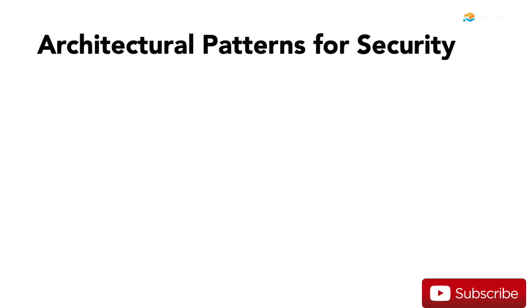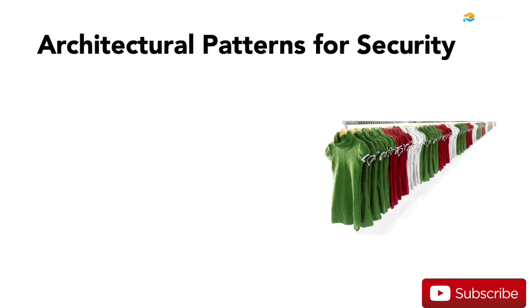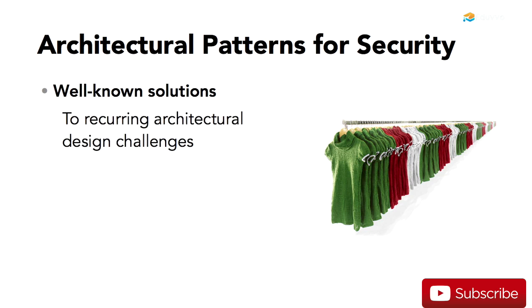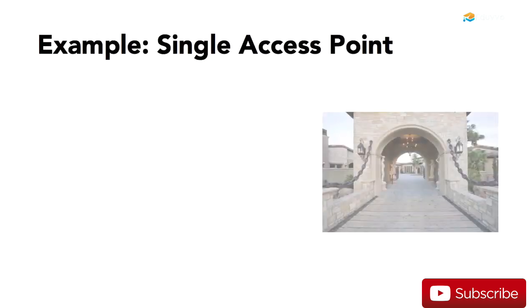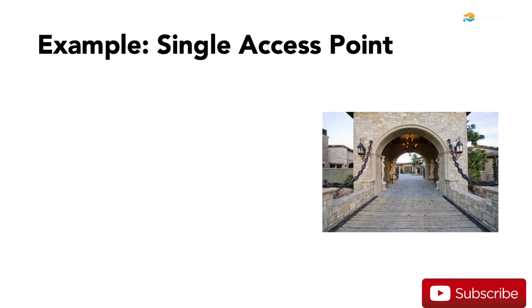As in design patterns, there are also recurring architectural design challenges. Widely accepted solutions to these recurring architectural design problems are referred to as architectural patterns. These architectural patterns provide solutions to the quality attribute problems of software, such as security. For example, single access point is an architectural pattern.